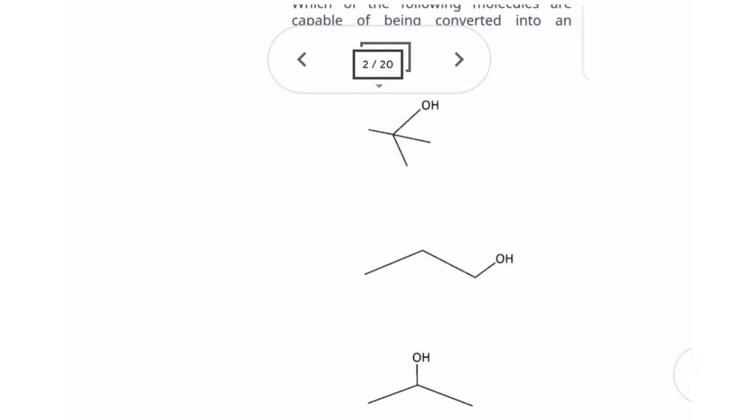The second choice is the correct answer because this is a primary alcohol and we can turn it into an aldehyde using PCC. The last choice is a secondary alcohol, and we cannot convert a secondary alcohol into an aldehyde. We need a primary alcohol that we can convert to an aldehyde using PCC. So the correct answer is our second choice.